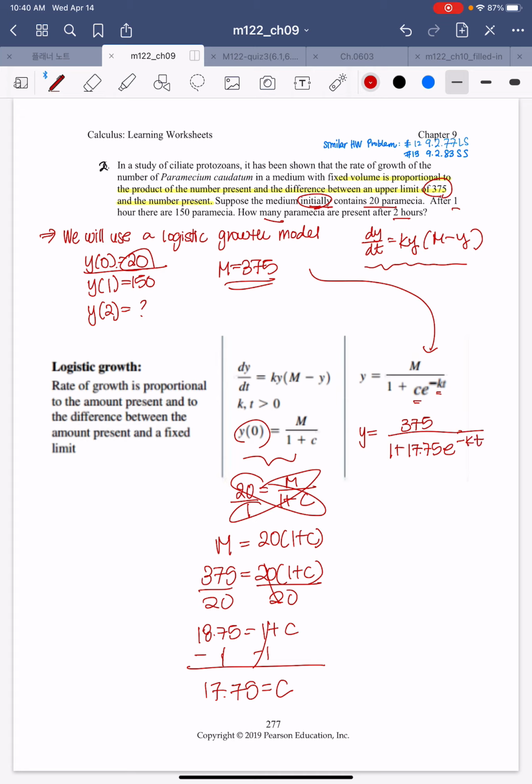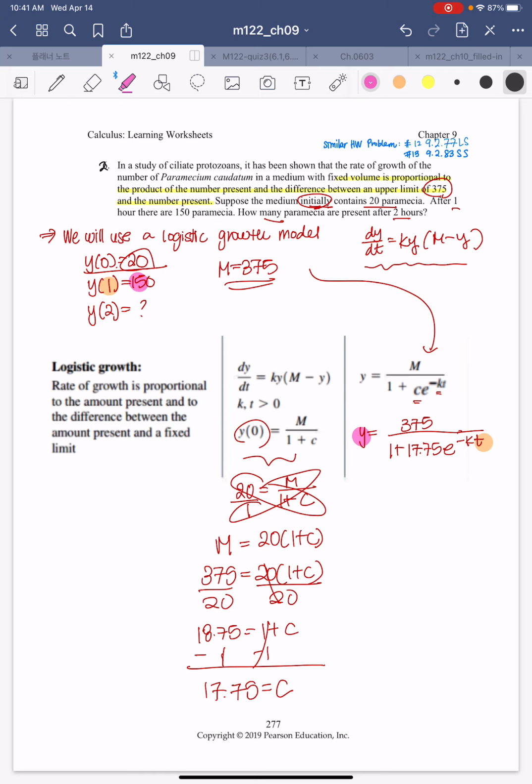Now our equation has y and k, so we need to solve for k. So we are going to use the second condition given, plug it in. 1 will be my t value, and then 150 will be my y value.